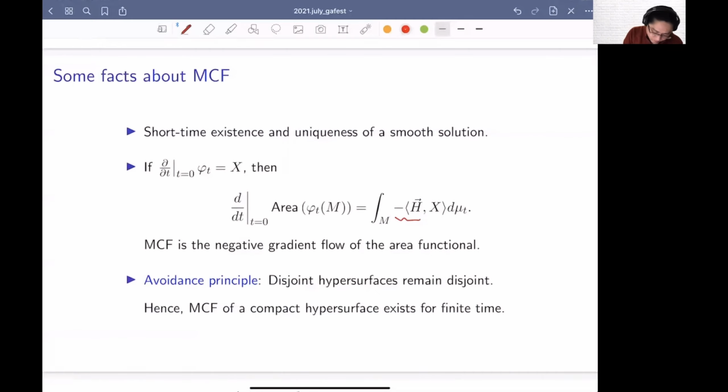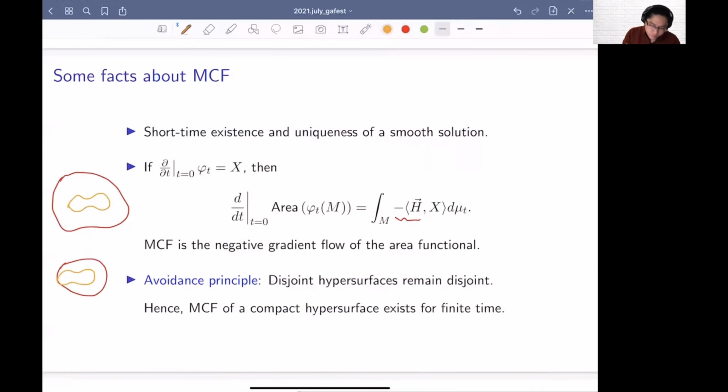So here's the intuitive picture. Suppose we have two hypersurfaces. I'm just showing a curve here. And let's say they start out as disjoint, but at a later time, they touch somewhere. So somewhere here.